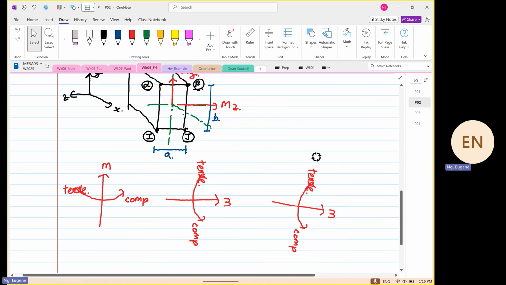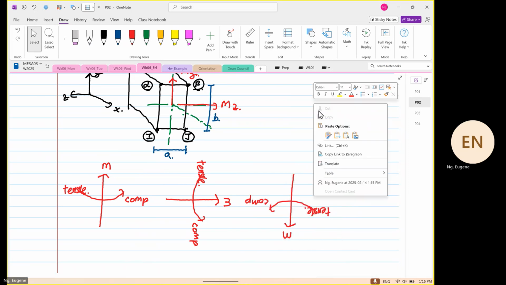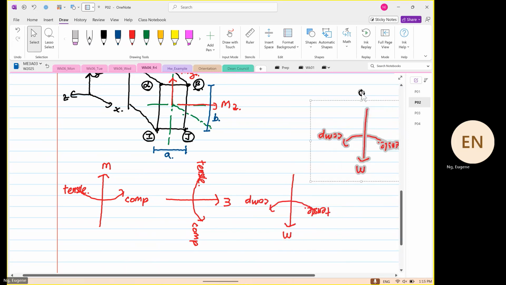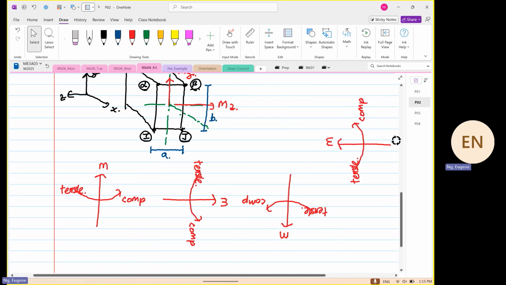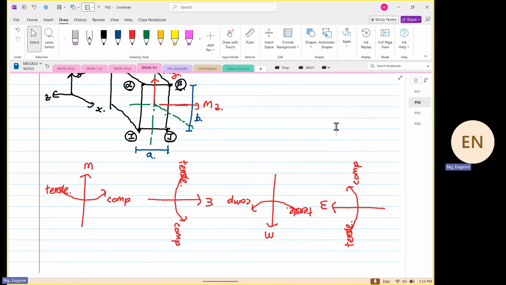Rotate again. For you, you just take a piece of paper and rotate. Are we clear?